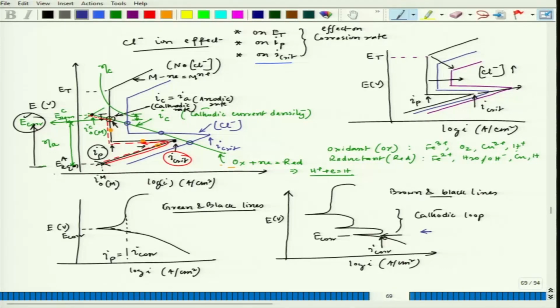Similar to what we obtained in case of the brown line cutting the black line, and we got a cathodic loop when we did the polarization study. So, in the presence of chloride ion, I could see that the I critical moves towards the right, and if the same cathodic process is going on, I will not get any passivity.